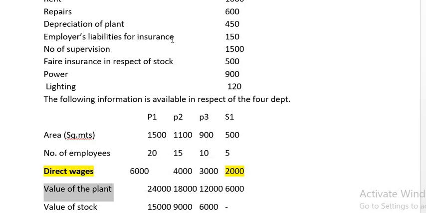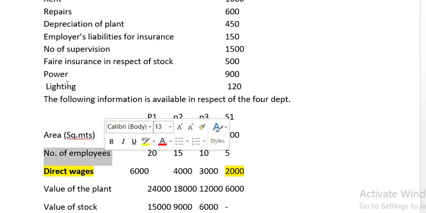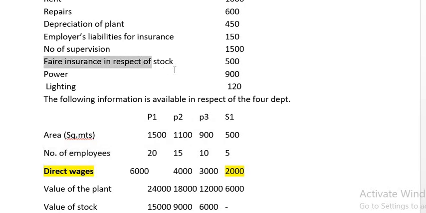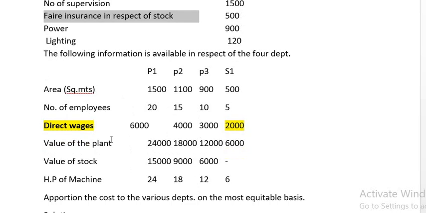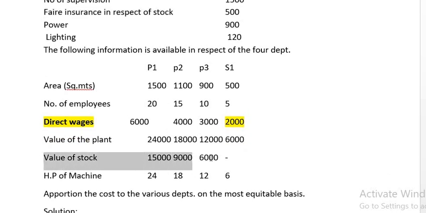Employees liabilities for insurance relates to the employees, so we take the number of employees. Next, number of supervision, again the number of employees ratio. Fire insurance in respect of the stock relates to the value of the stock, given only for the 3 producing departments, not for the service department.